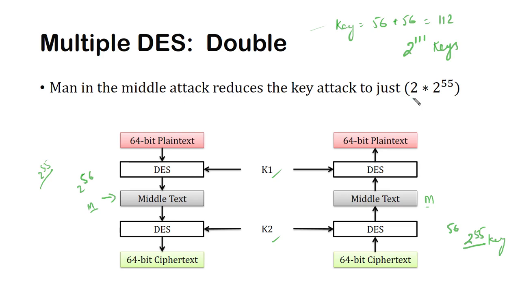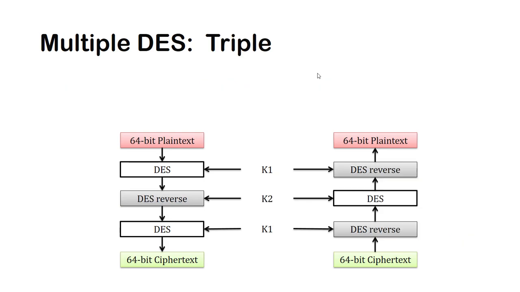So that means twice 2 raised to the power 55, which is equal to 2 raised to the power 56 keys. So it appears that my key domain is going to be 2 raised to the power 111 keys, but it is not so. It is just double that of the initial DES, and again this is not a very large number and can be broken down. In triple DES, we use either 2 keys or 3 keys.